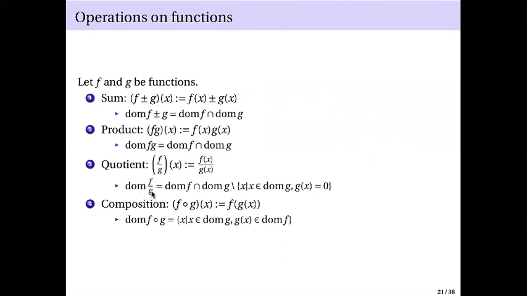So the domain of f over g is the intersection of the domain of f and the domain of g, but we take away all the x's that will make the denominator 0. For the composition f circle g, the domain of f circle g is the set of all x such that x is coming from the domain of the function g, such that g of x is in the domain of f.